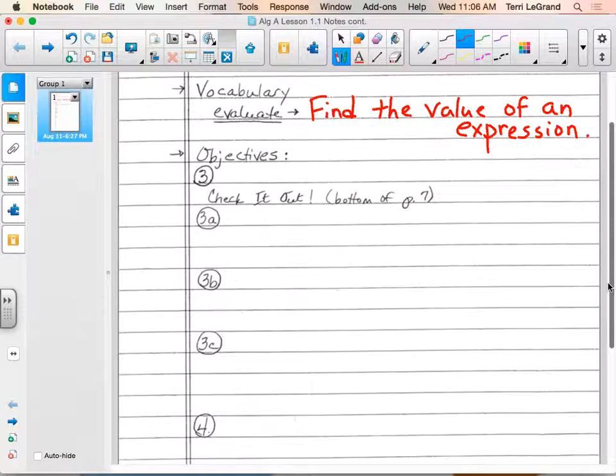So let's go to page 7, hopefully we're still there. Look at example 3. What's the next objective in our lesson? Yeah, evaluating algebraic expressions. Will you fill that in, please?